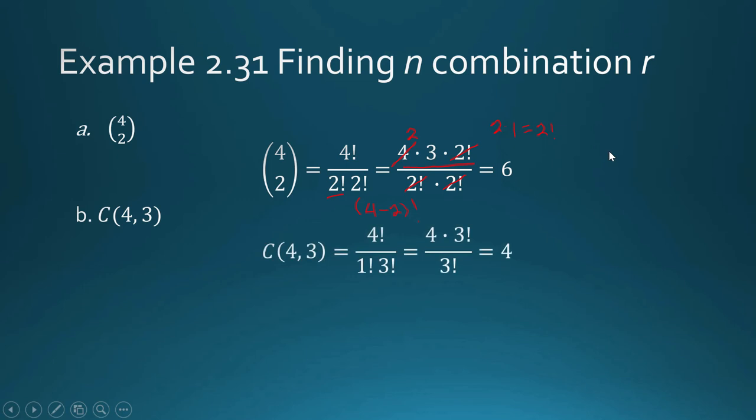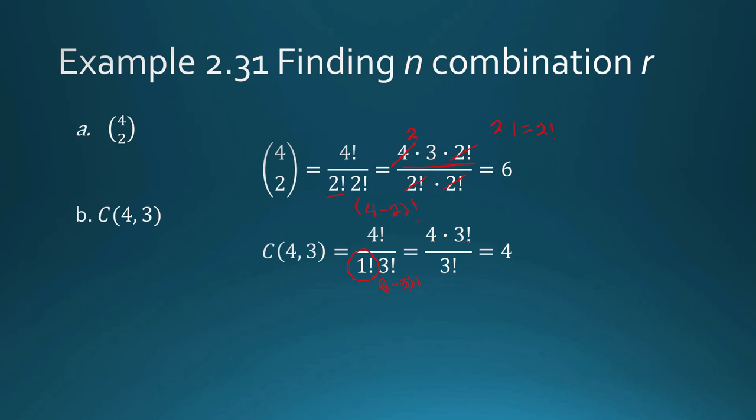How about 4 taken 3? Again, this one came from 4 minus 3 factorial, so that's just 1 factorial.